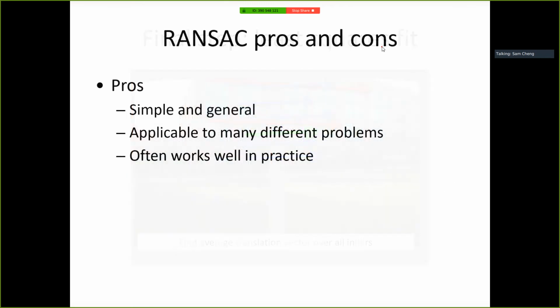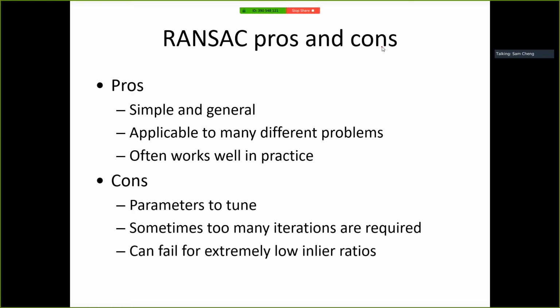It's pretty simple actually. In general, it's not that bad. You need to repeat it many times, but this computation is pretty quick, because we just pull out some points and have a very small linear set of equations.